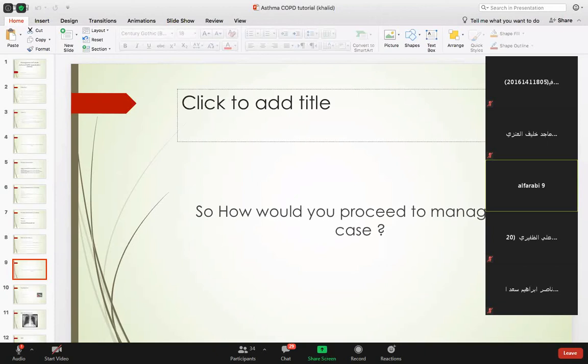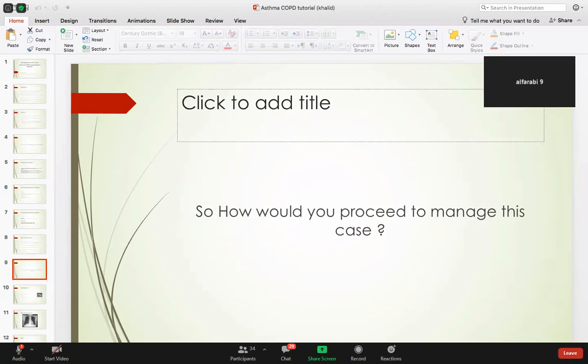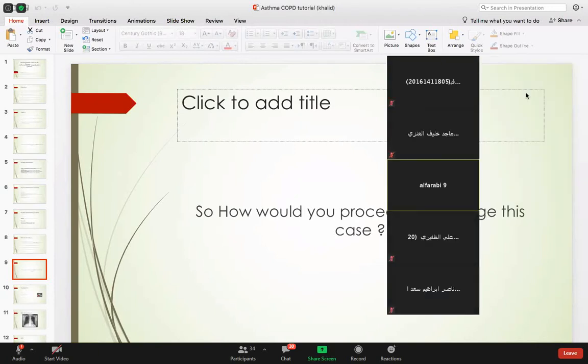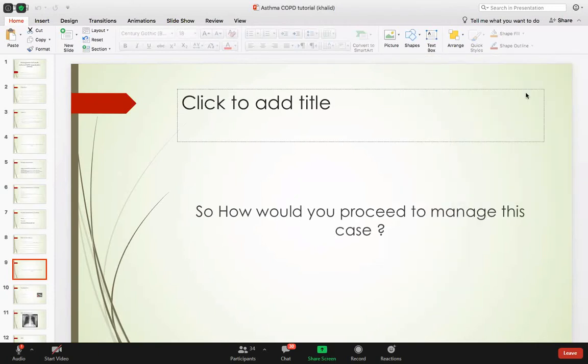For each investigation, you will have to justify why you are ordering these tests. What are you looking for? Because if you don't know what you are looking for, you probably will not find it. So what are we looking for in a chest X-ray?